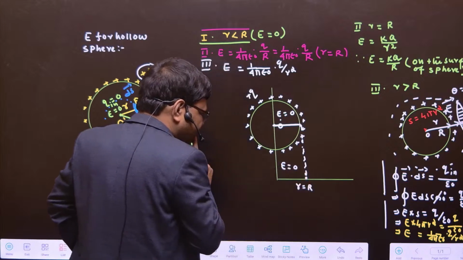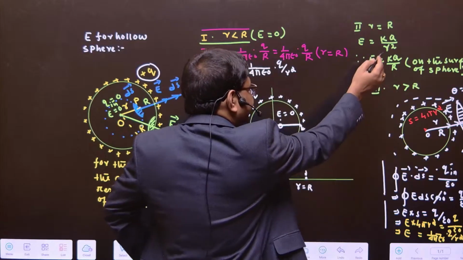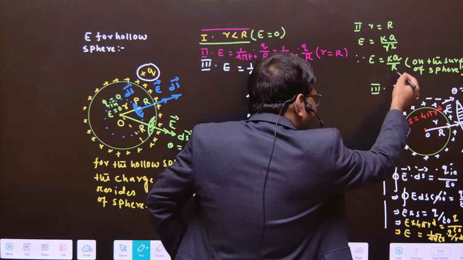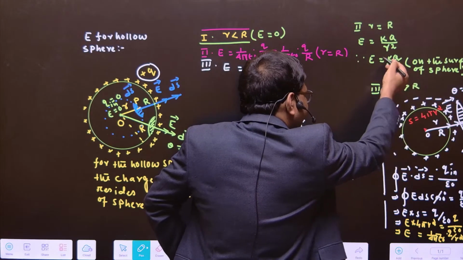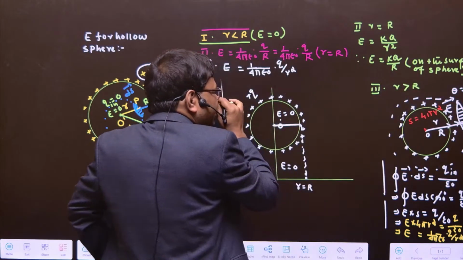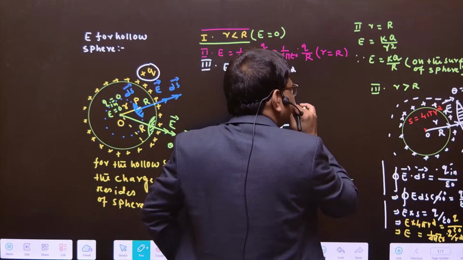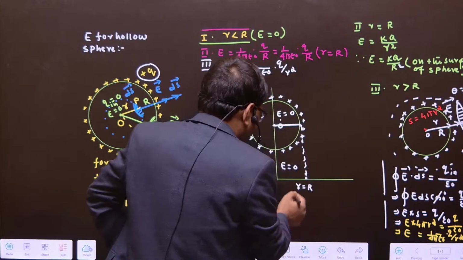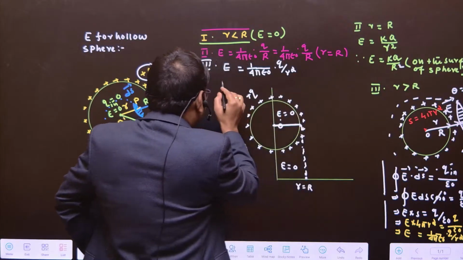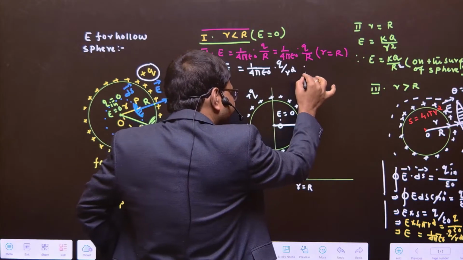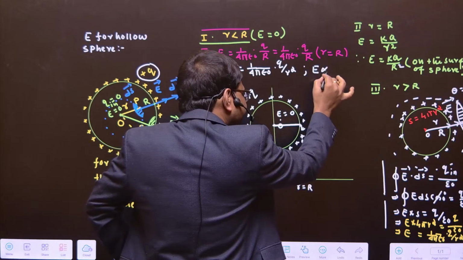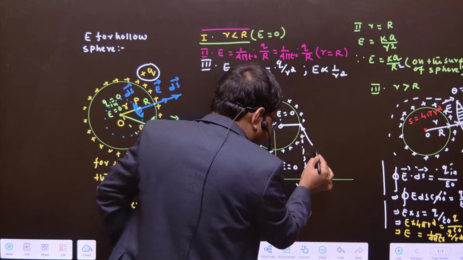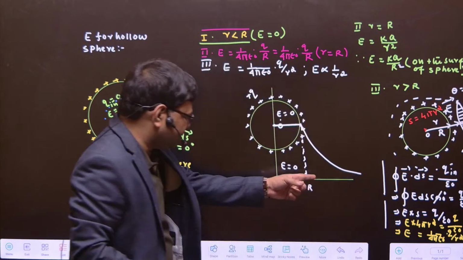Am I clear? But after the surface, electric field we are getting, it is acting like this. Now E is equal to KQ by r square. So from this relation we are saying electric field is inversely proportional to the square of the distance. Square of the distance means like a rectangular hyperbola.